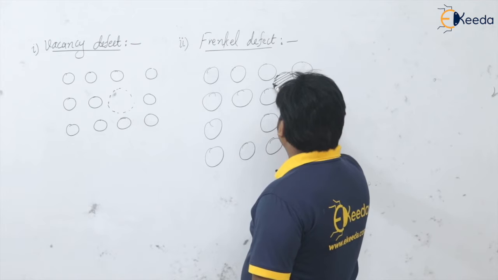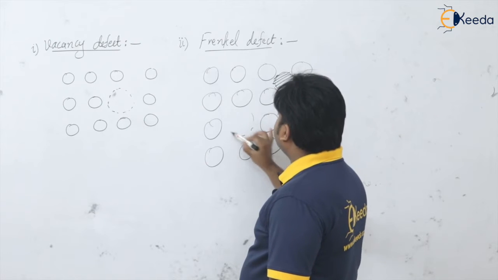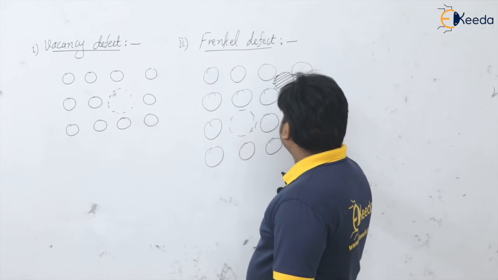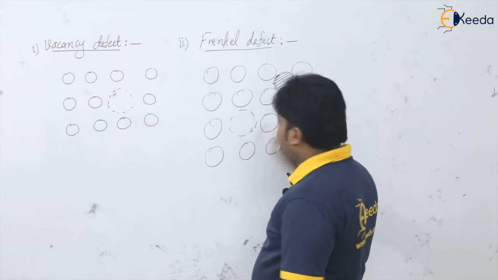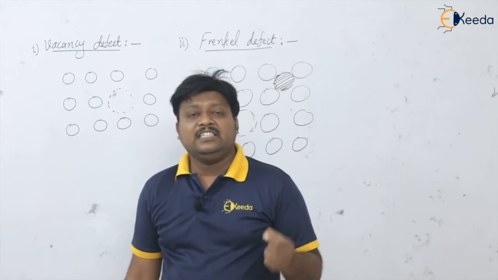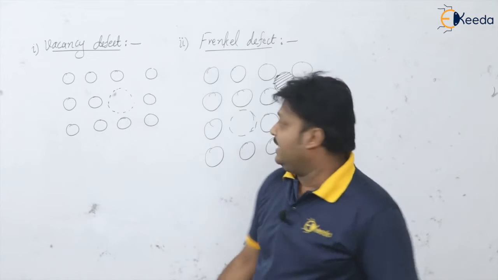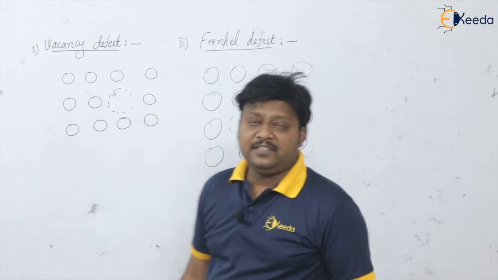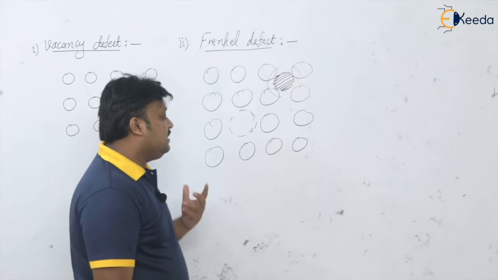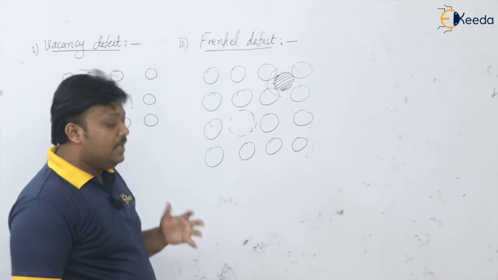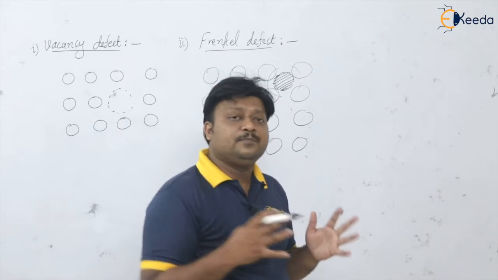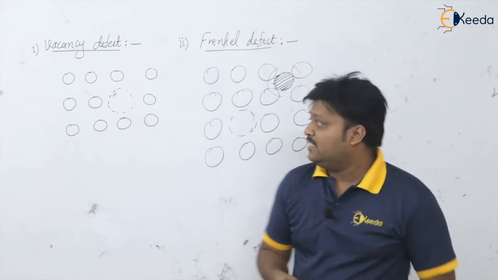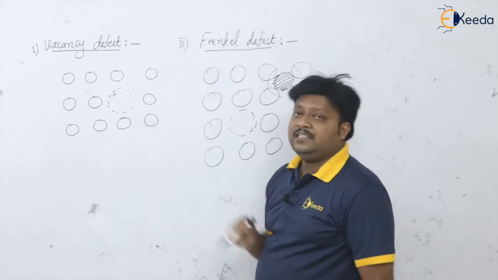From here it is getting missed, but it is again sitting in the interstitial site in this arrangement, which is nothing but the Frenkel defect. These defects are generally seen in ionic materials where there is a large difference between the sizes of the cations and anions. We will get this Frenkel defect.